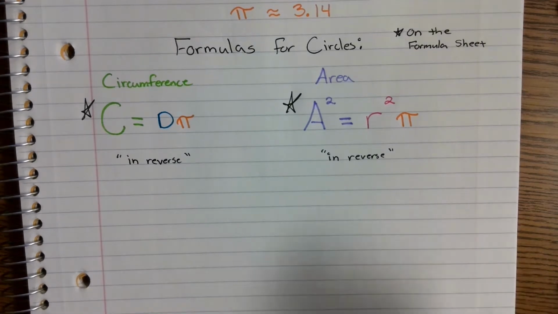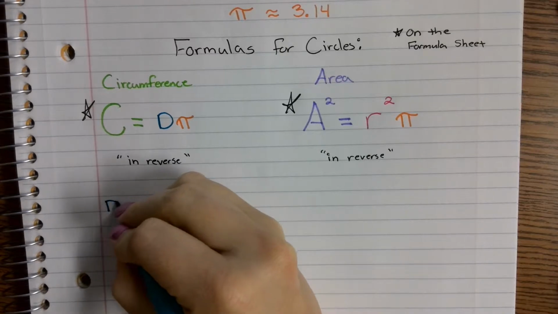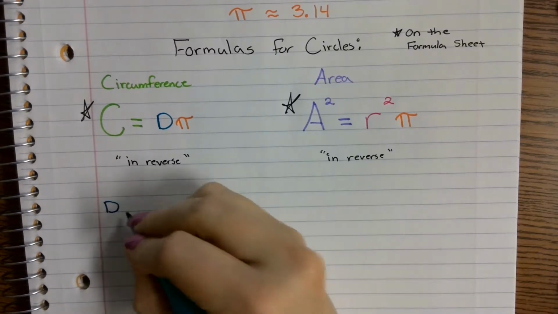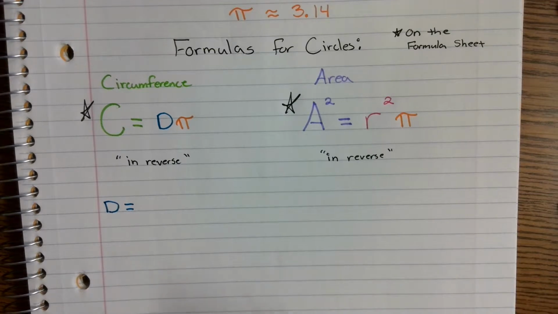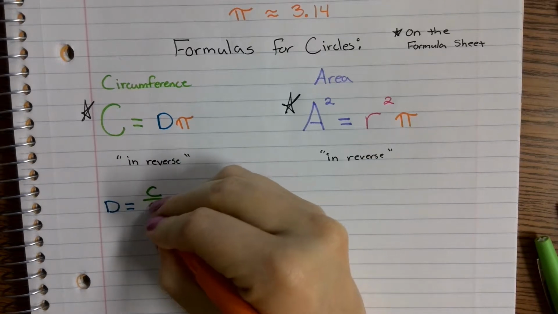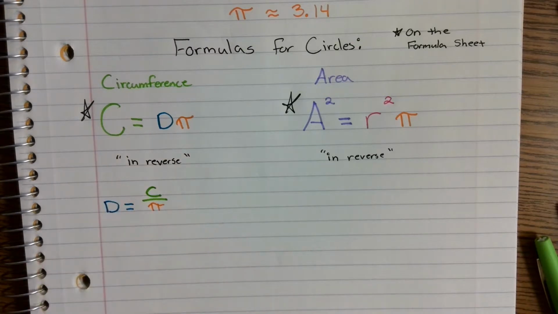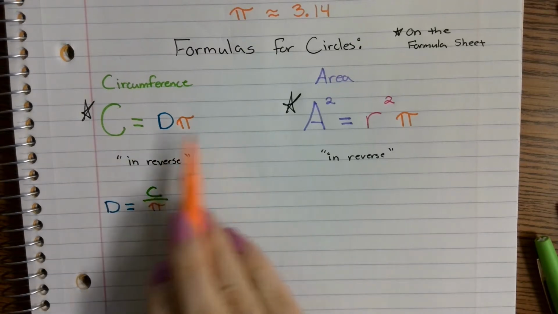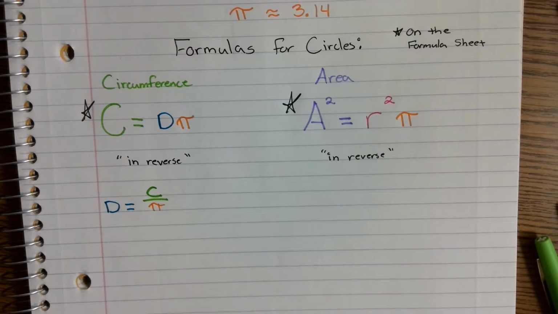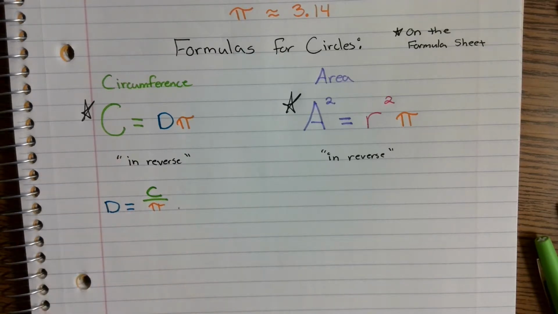That's something you can memorize on a flashcard. In reverse, instead of solving for circumference, if I needed to solve for the diameter, diameter is going to be equal to circumference divided by pi. Which makes sense, because if diameter times pi is circumference, if I divide both sides by pi, I now have diameter by itself. And I can solve for what it is if I know the circumference. Circumference divided by pi will give me the diameter. That's the reverse.